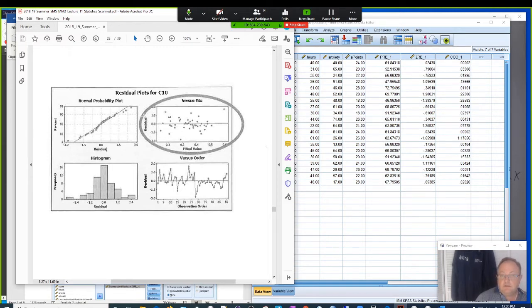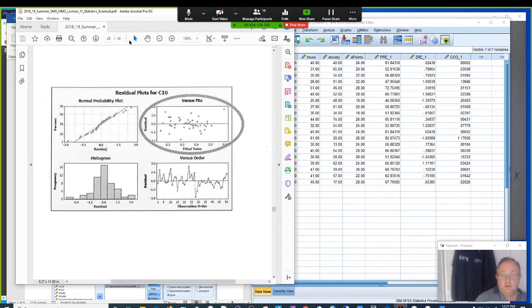For the fits, the residuals versus fits, what this is doing here is telling us about variance. And so if it's random in nature and the variance is the same across our fits, then what we're able to say is that our underlying assumptions about what's happening with our regression model are in a good place.